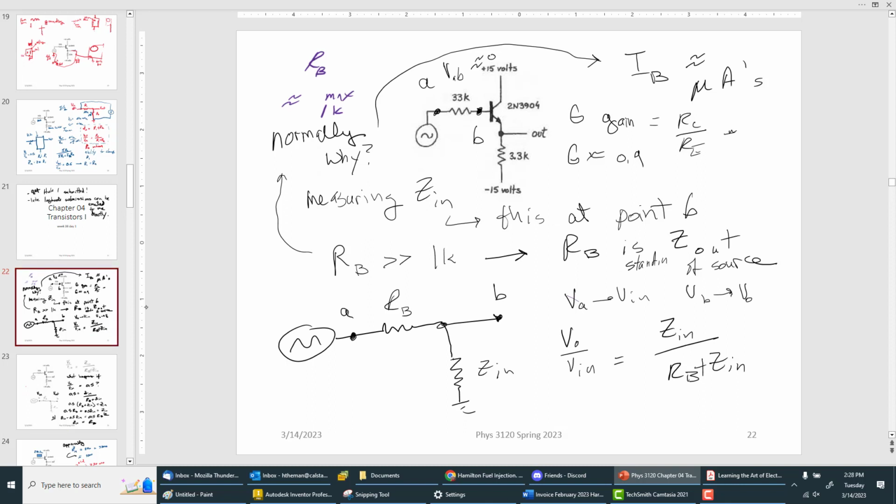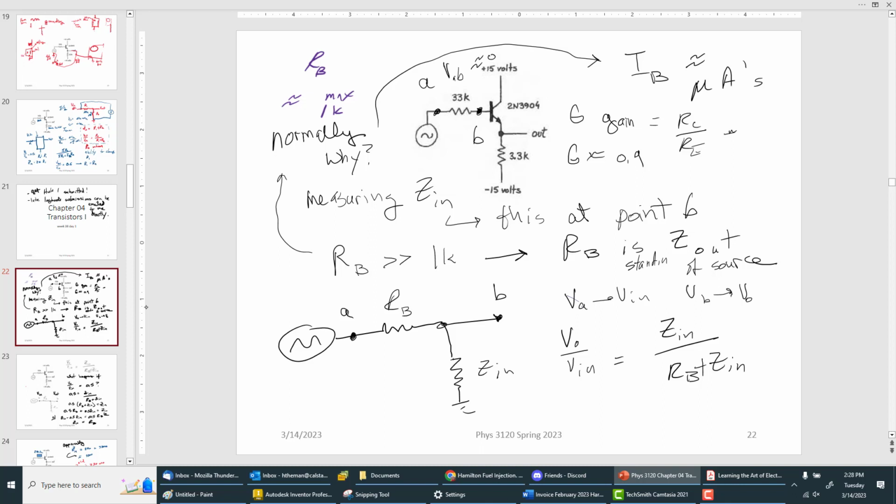And so the first thing we're going to do is now, oh, I'm sorry. I know what I'm doing wrong. That's the Z out. We're doing Z in now. I added this in the last minute, so I'm confusing myself. So anyways, we're going to look at the voltage across this resistor, VA and VB.